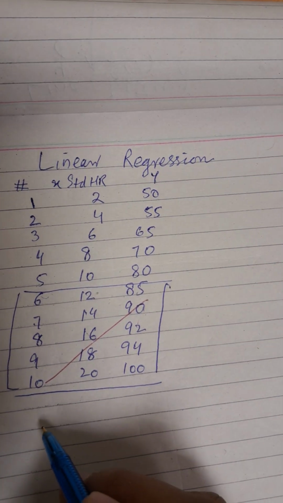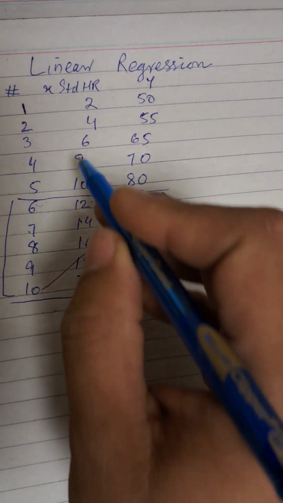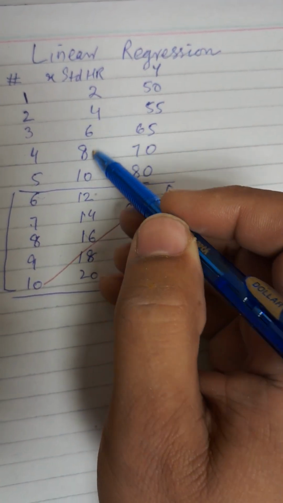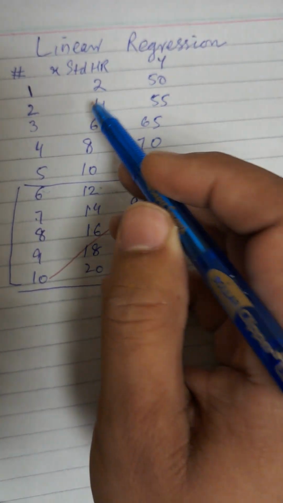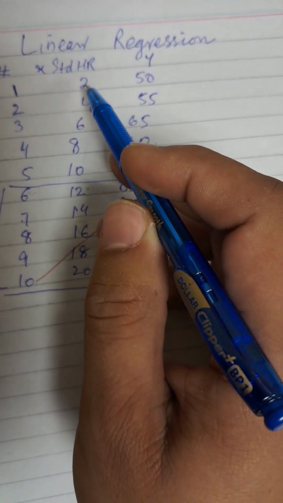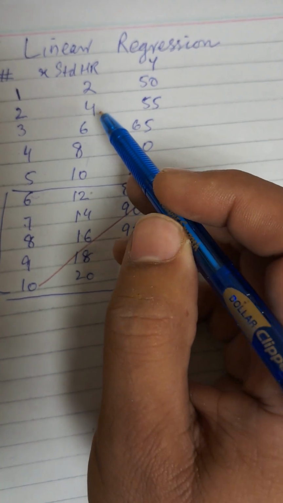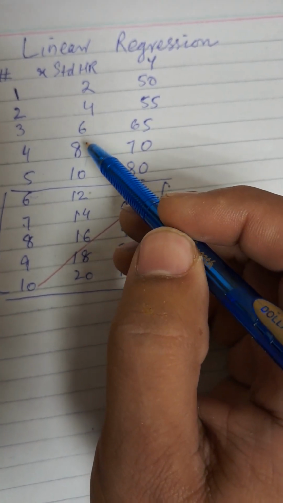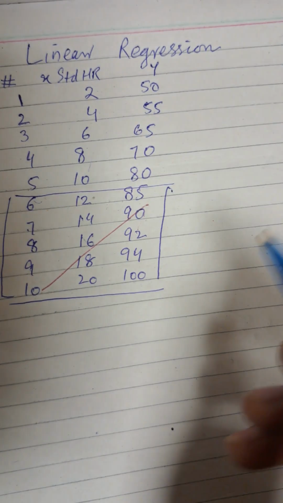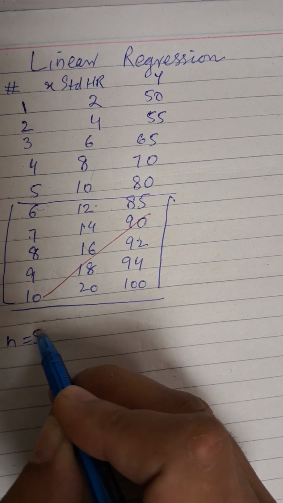So if I consider the first 5 values, these are the x values, because this is the independent variable. Everything over here depends on this one. Just adding them together, 2 plus 4, 6 plus 6, 12 plus 8, and so on, for 5 values, n is equal to 5.